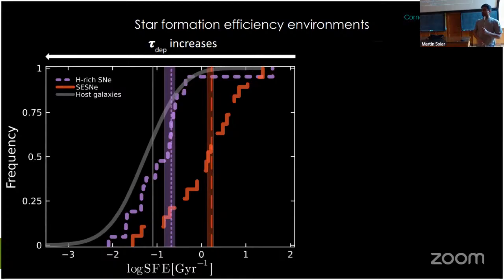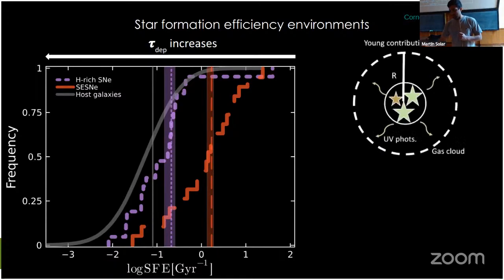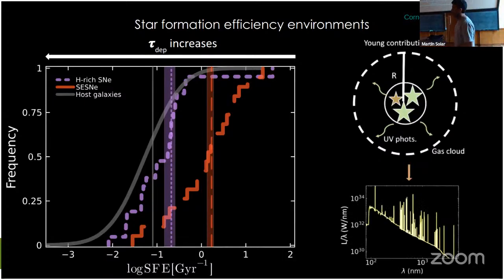So I want to give one parenthesis. I will explain this later, but the more massive stars are expected to radiate UV photons and ionize the surrounding medium to excite the atomic gas, and we see the spectrum in galaxies or H II regions. We see all these prominent lines.